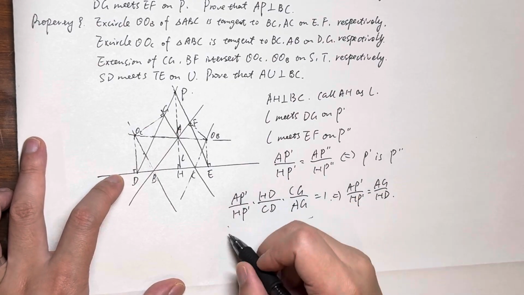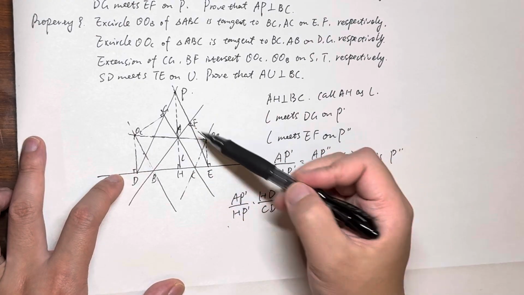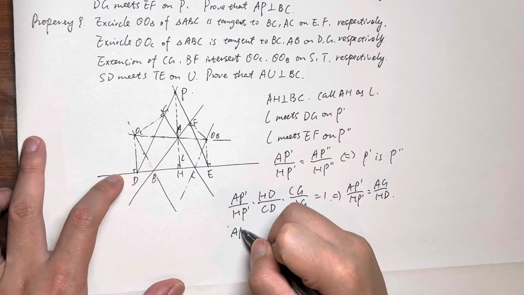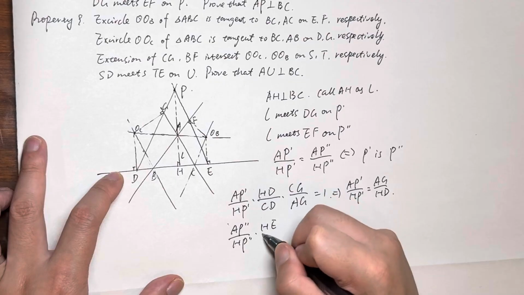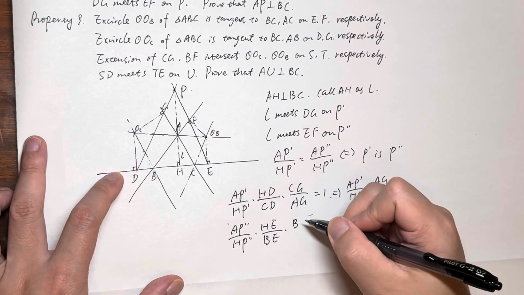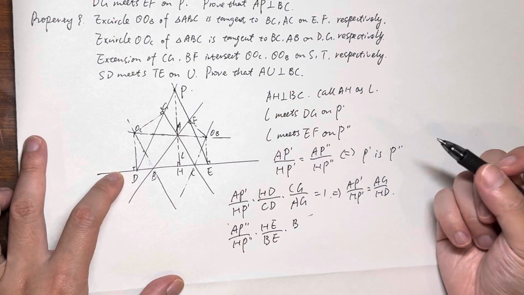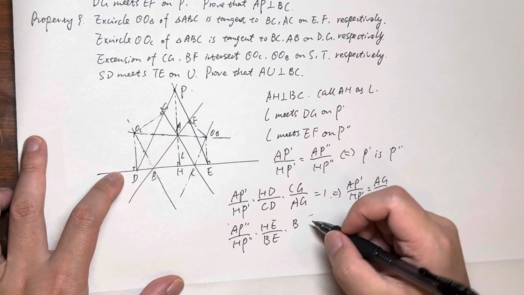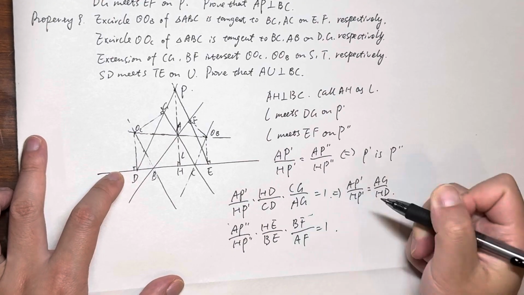And similarly, we can do triangle ABH and line EFP with Menelaus' theorem. Then we have AP double prime to HP double prime times HE to BE times BF to AF equals 1, right?